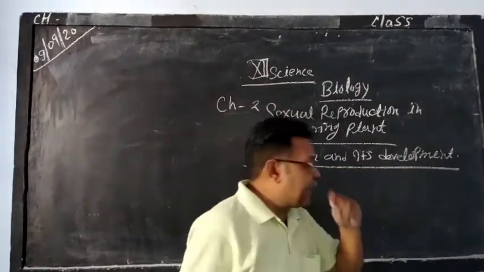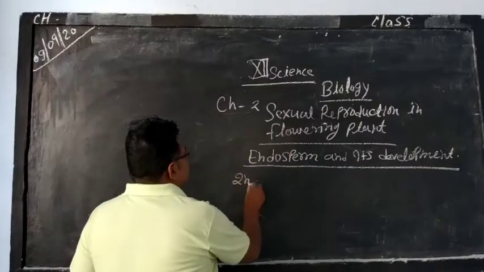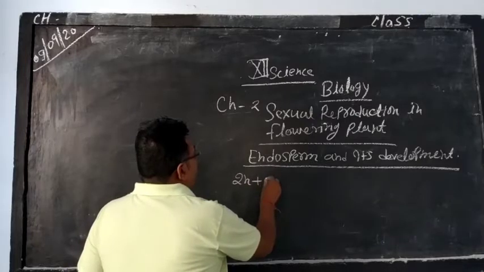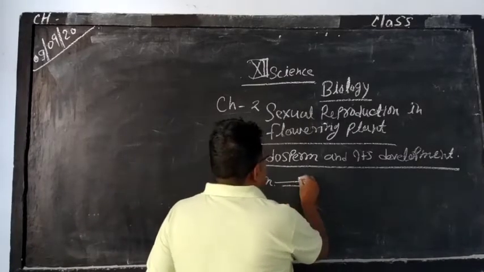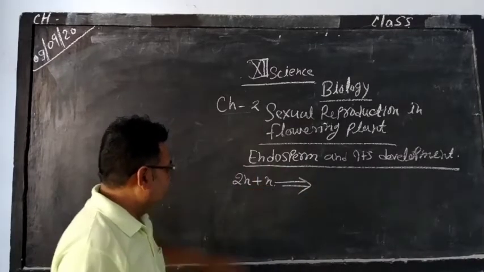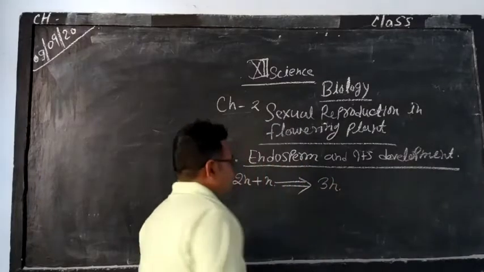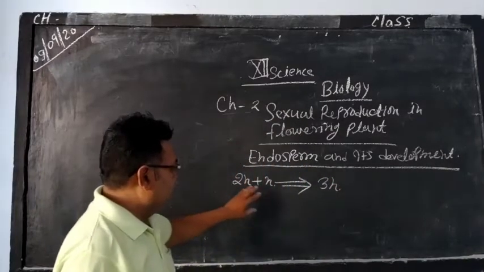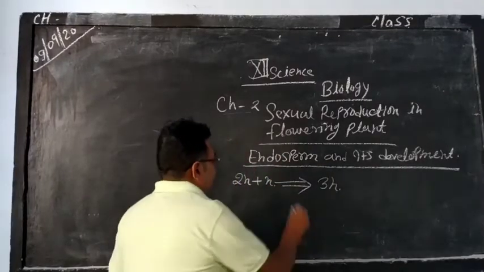You know, when the secondary nucleus is fertilized by the male gamete, then a triploid structure is formed. This triploid structure is known as endosperm.